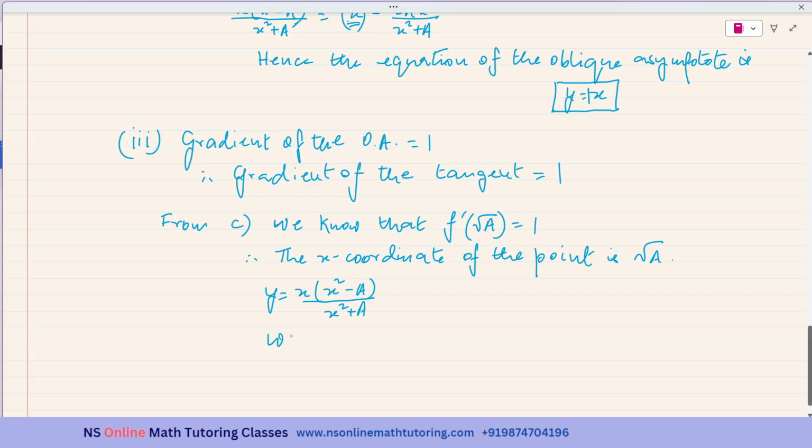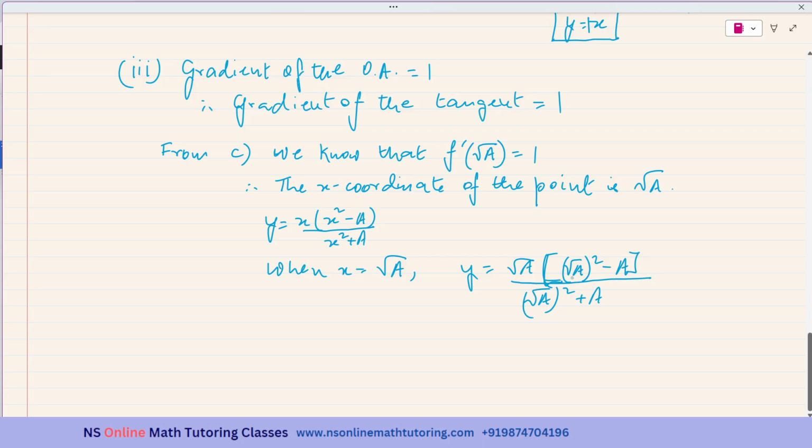So when x equal to root a, y equal to root a times root a whole squared minus a over root a whole squared plus a.